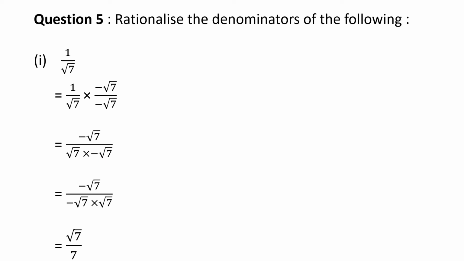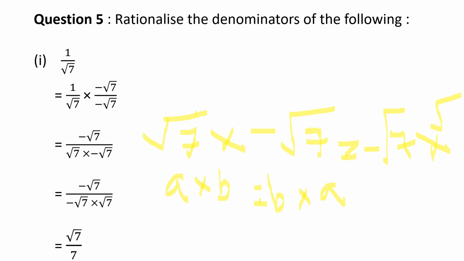Now I know that by the commutative property, A into B is equal to B into A itself, right? So that means root 7 into minus root 7 is same as what? Minus root 7 into root 7, right?